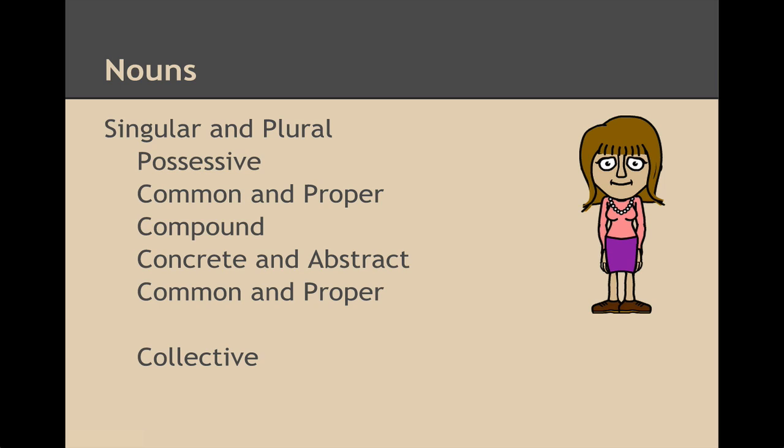Singular and plural nouns: possessive, common and proper, compound, concrete, abstract, common, proper, and collective. So that sounds more complicated than it is. It's really pretty simple. Singular nouns are going to speak to or identify something that is single, and plural will indicate something that is more than one.